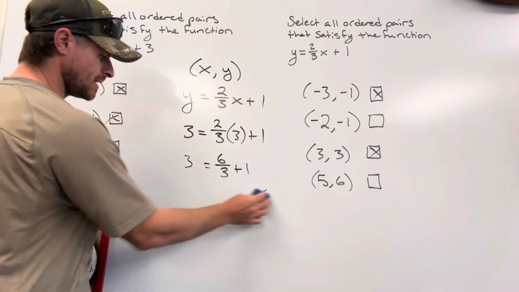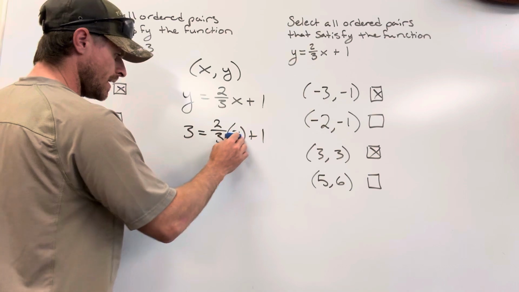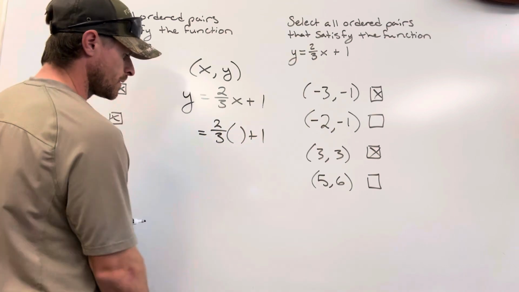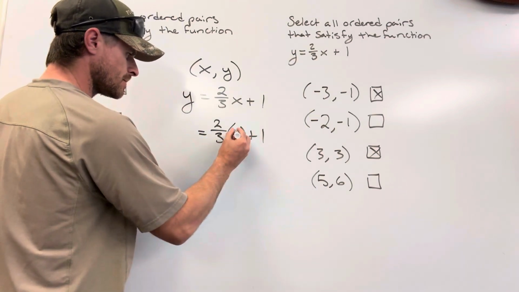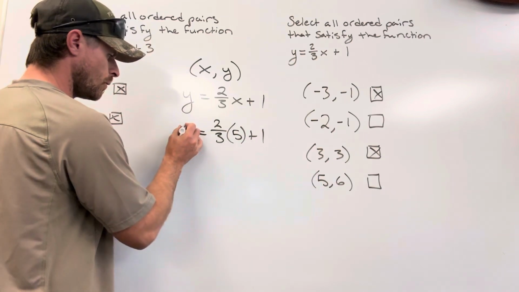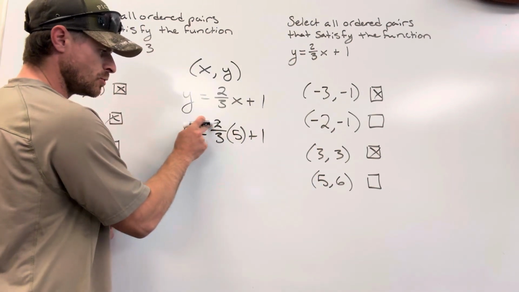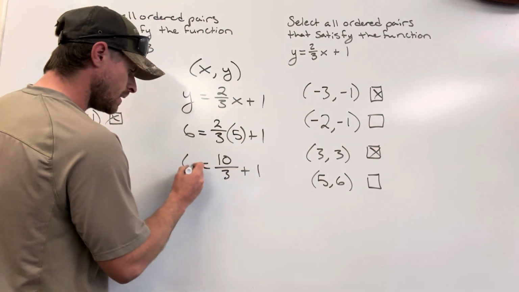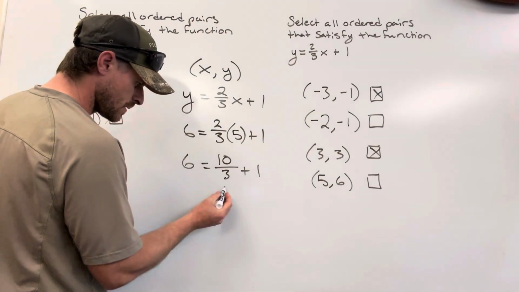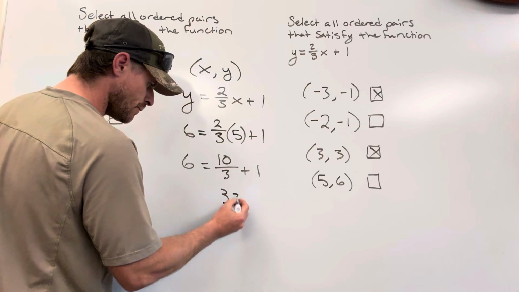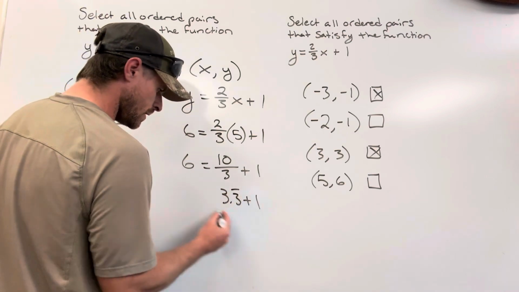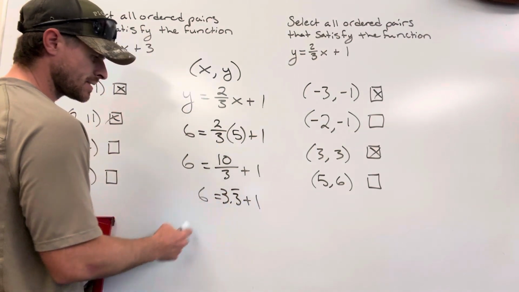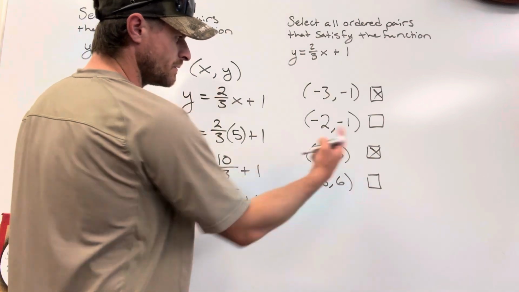And then last but not least, I have to check 5 and 6. So put the 5 in for the x, the 6 in for the y. 5 times 2 is 10. 10/3 would be a decimal. And if this makes a decimal, such as 3.3 repeating plus 1, that is not going to be equal to 6. That does not work, so I would leave that blank.